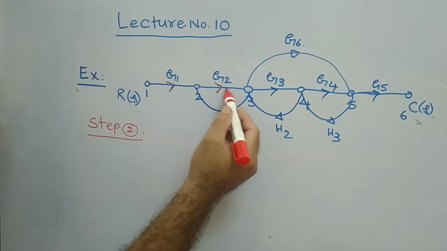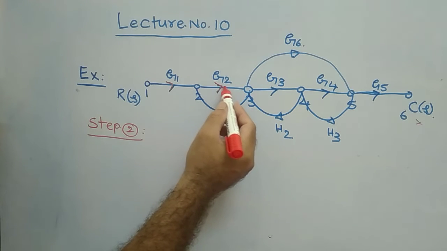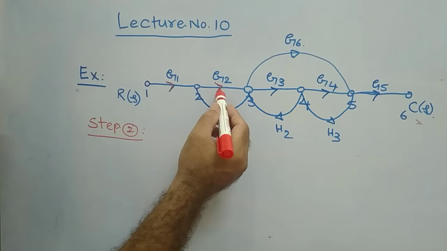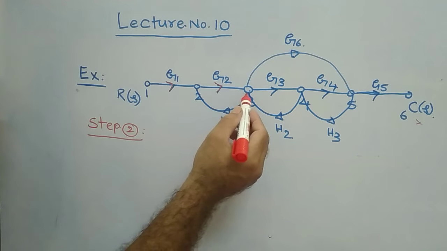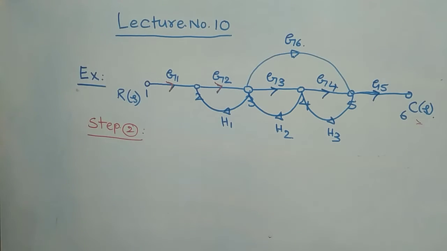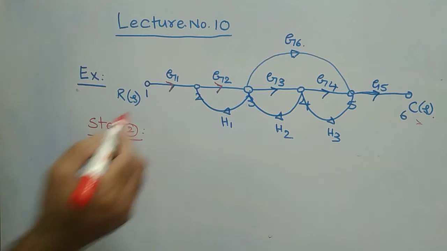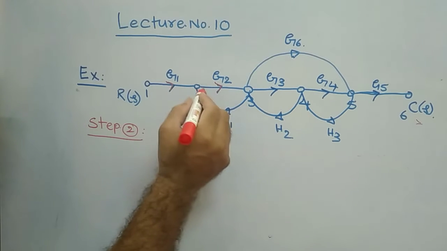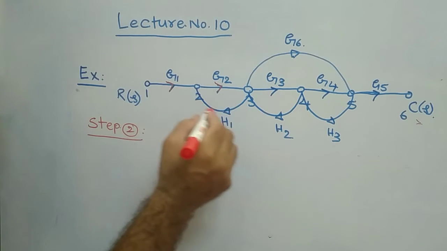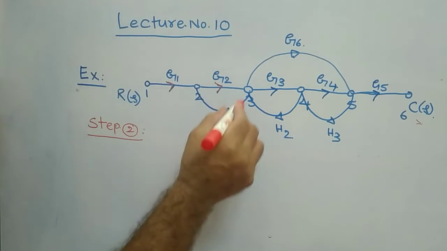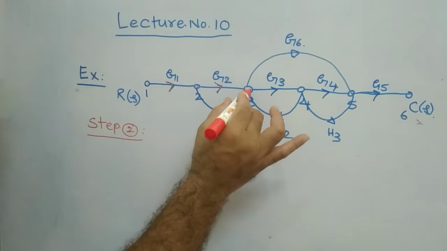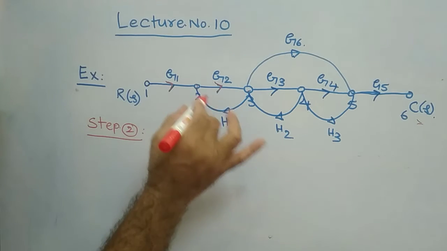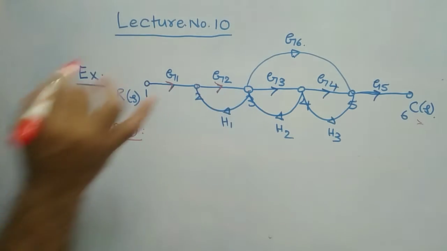there is a forward path with an arrow mark in the forward direction, and from 3 to 2 it is coming back with the reverse arrow mark, meaning a reverse path, so here it is a loop. You can call this your loop 1, because starting from 2 going forward up to 3, and from 3 to 2 coming back, it is your loop 1.